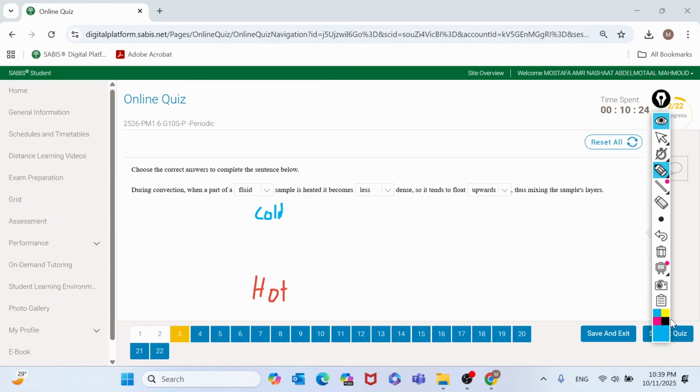Hot is less dense than cold, so it goes up. It mixes with the other temperatures while it's going up, and then now it's cold because it mixed with everything, so it goes down. So this is basically the convection current. It goes from hot to cold and just goes like this. During convection, it only works with gases and liquids. With solids, obviously, you can't have a current. A sample is heated, becomes less dense, so it tends to float upwards.